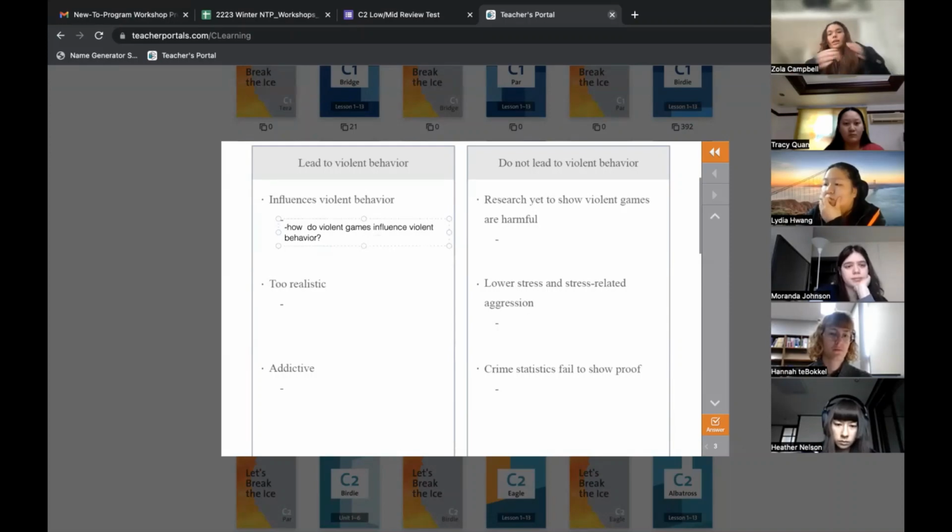Right? You don't want to ask them that. You want to be like, okay, everyone, let's ask some WH questions. Who can tell me one WH question about influencing violent behavior? And they should be learning that in C1, so it shouldn't be too difficult for them. Okay. If they are struggling, you can give them some examples, and then as time goes on, they should get the hang of it.